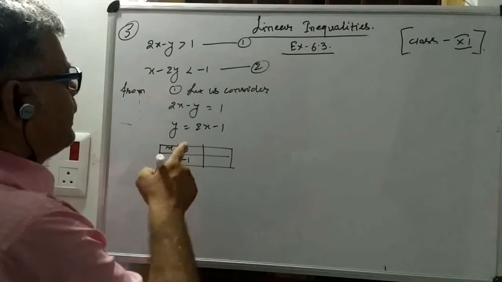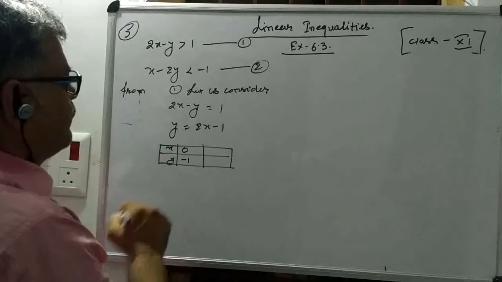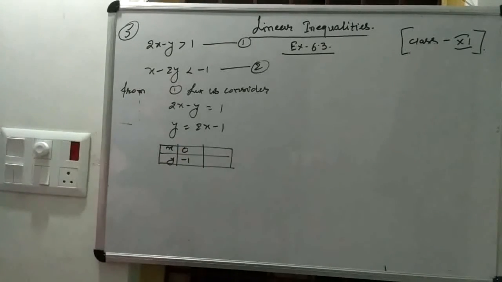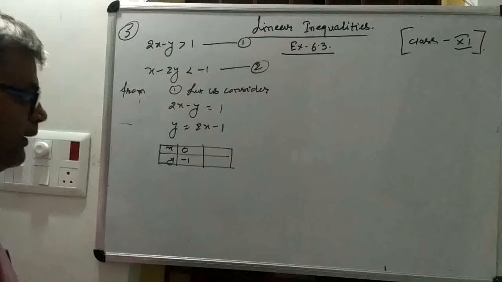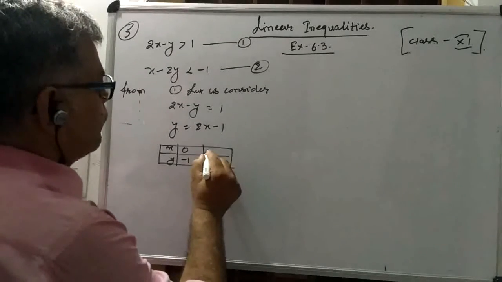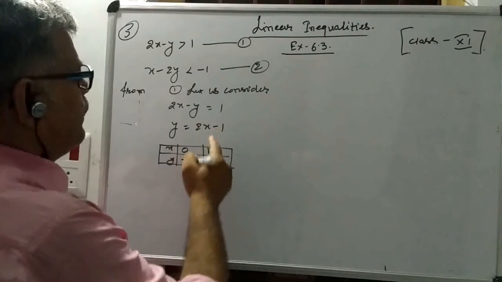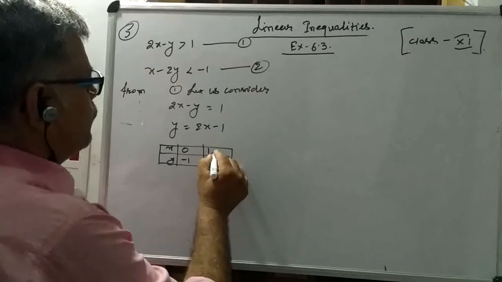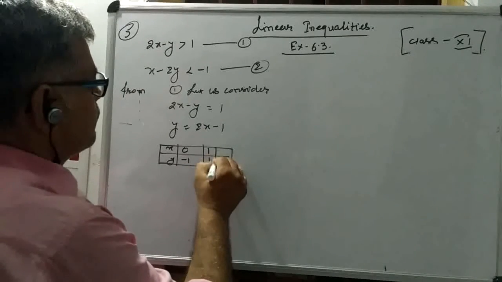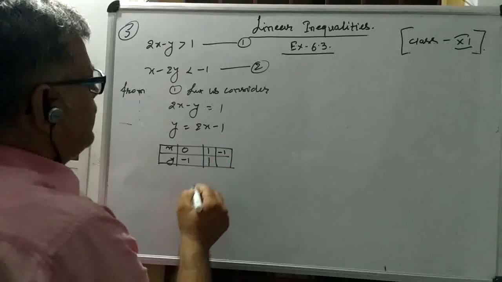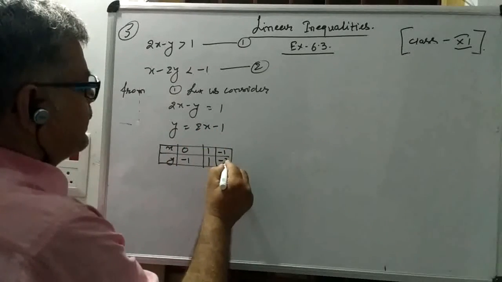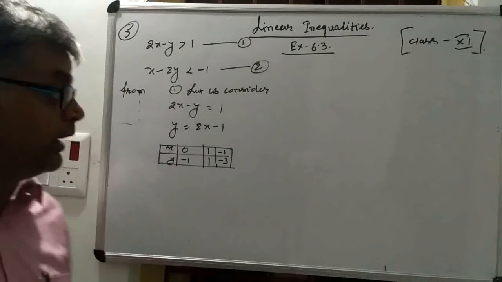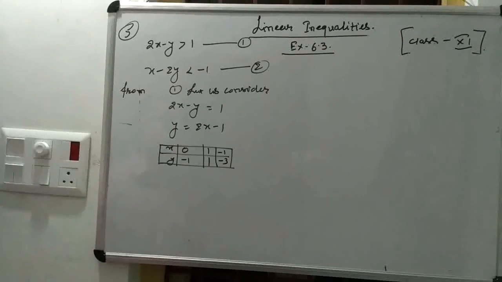Y is not coming 0 in this question. Now take x equals 1, so y will become 1. And now take x equals minus 1 as well, so it will become minus 3. So this is the table for inequality 1.